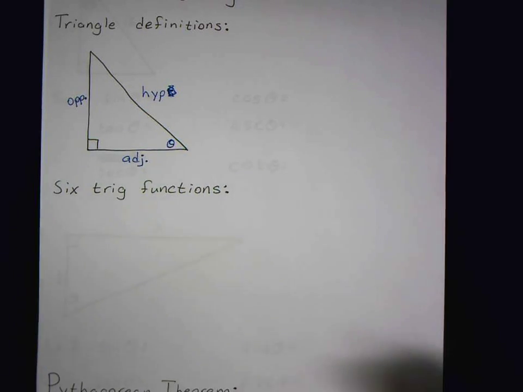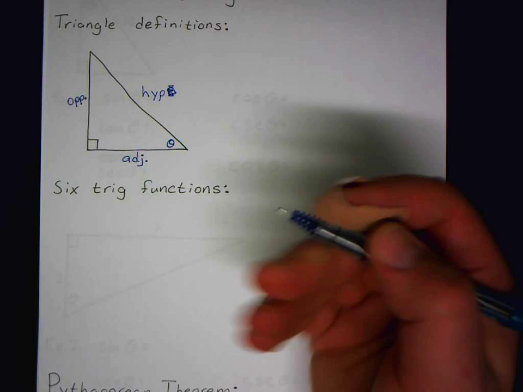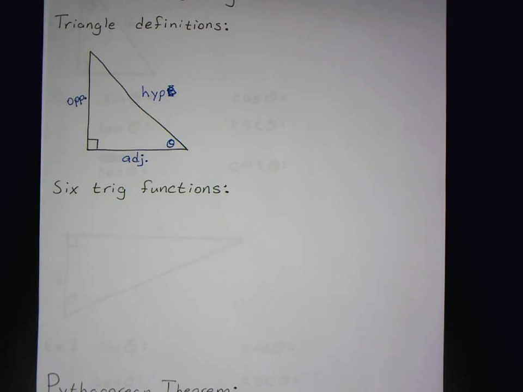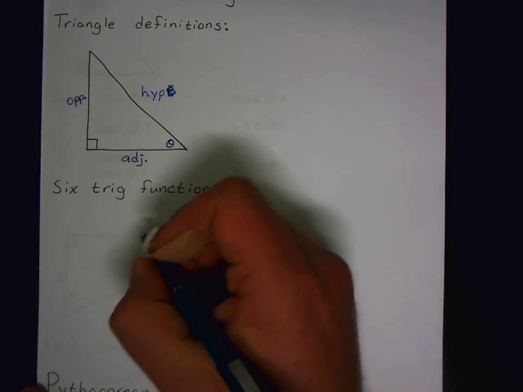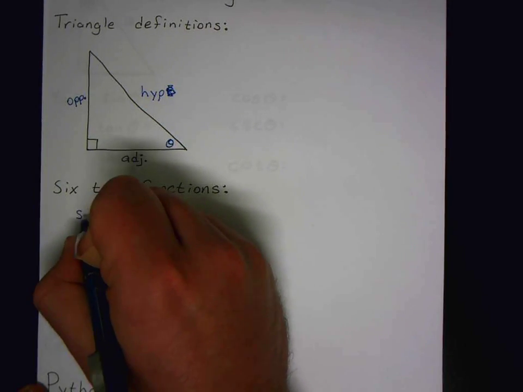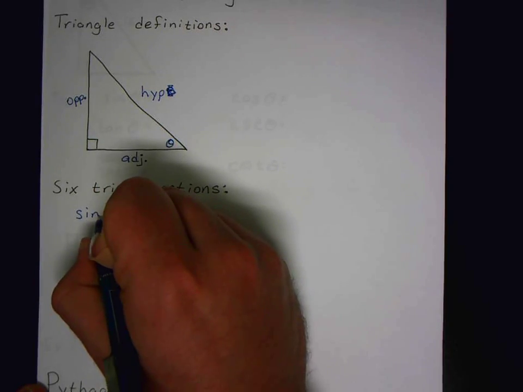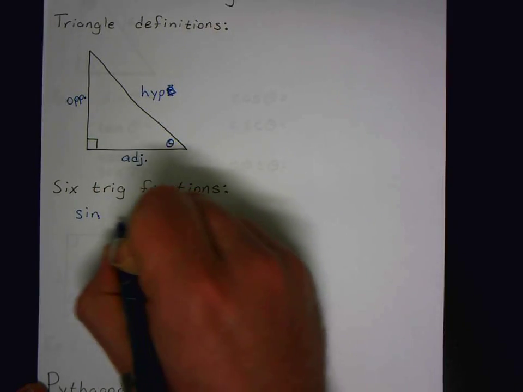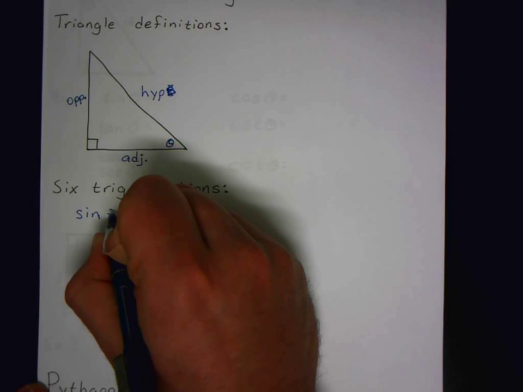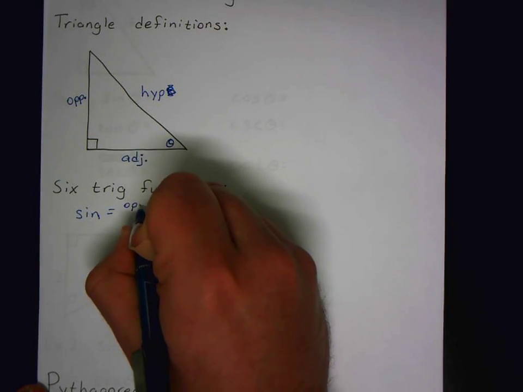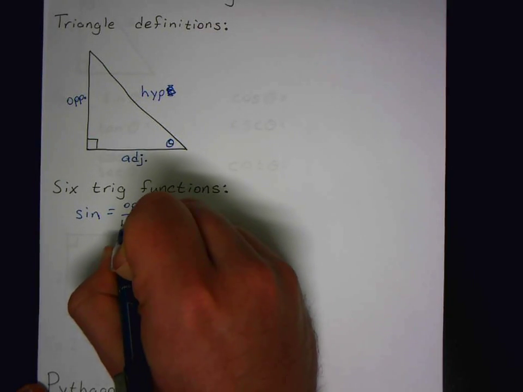All right, so our 6 trig functions. This is going to start your memorization. Unfortunately, this semester is very big with memorization. We're going to start with sine. Sine is defined as opposite over hypotenuse.